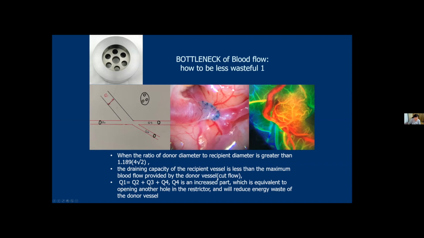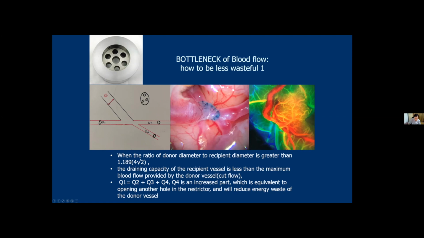Normally, it's cut flow. So Q1 is equal to the sum of Q2, Q3 and Q4. Q4 is the increased part, which is equivalent to opening another hole in the restrictor, and will reduce energy waste of the donor vessel.